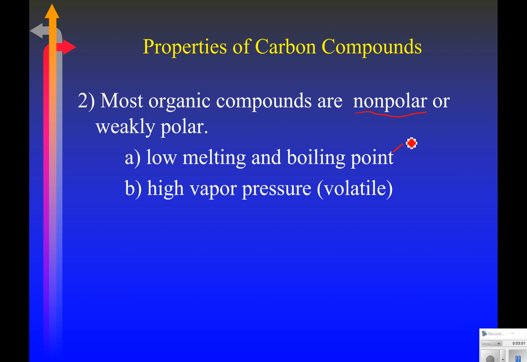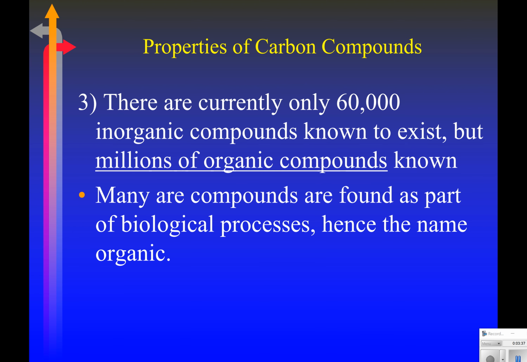This is why things like natural gas, which is an organic compound, is a gas at room temperature. They have very weak intermolecular forces holding their molecules together, which lowers that melting and boiling point, which also gives them a high vapor pressure, which means they're volatile. These substances can turn into a gas very readily, which, if you have flammable or volatile gases around, could lead to an explosion or a fire.